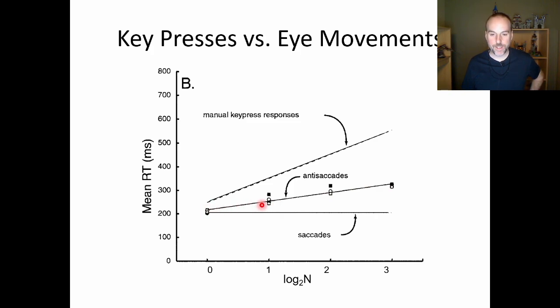There is an increase in reaction time with the number of stimulus-response alternatives. It doesn't have the same slope as manual key presses. It probably doesn't have the same y-intercept, but that's okay. We're still seeing an increase in reaction time with the stimulus-response alternatives.